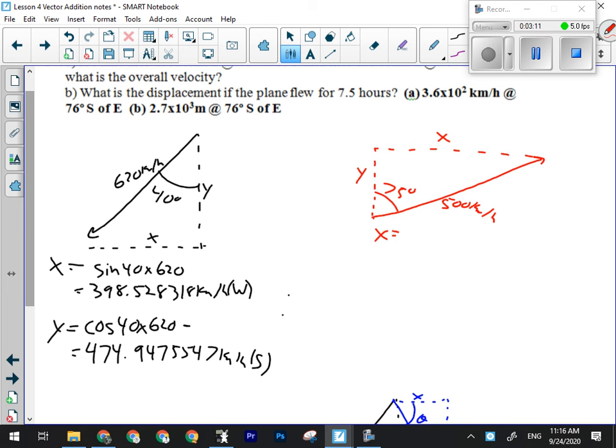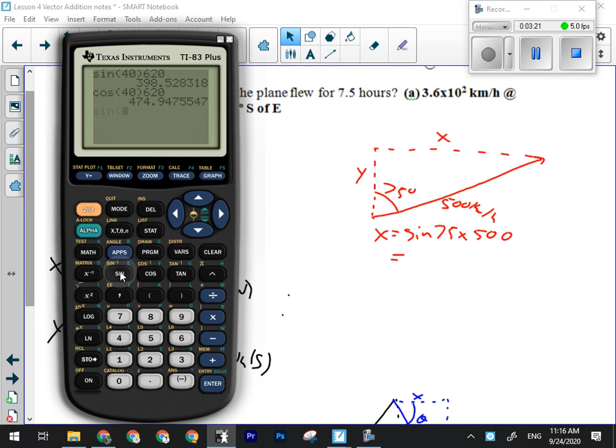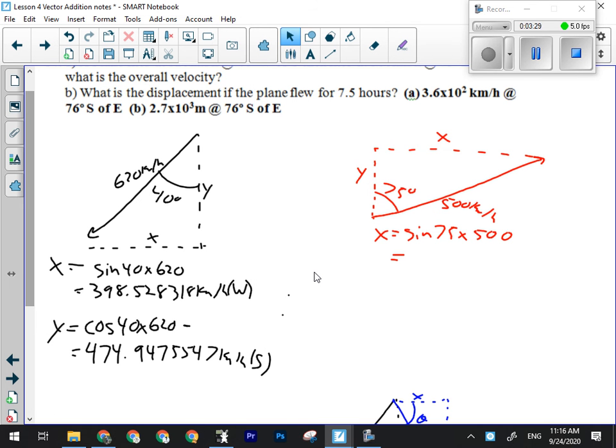Red x is the opposite side, so it'll be the sine of 75 times 500. That's 482.962 kilometers an hour east.